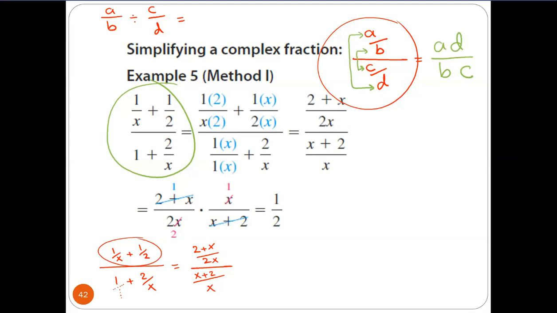Okay, now we can multiply 2x with x, so we have 2 plus x multiplied by x and 2x multiply x plus 2. Look at this: 2 plus x and x plus 2, this is the same, a plus b and b plus a نفسها.